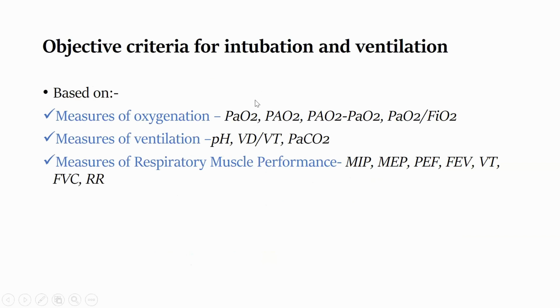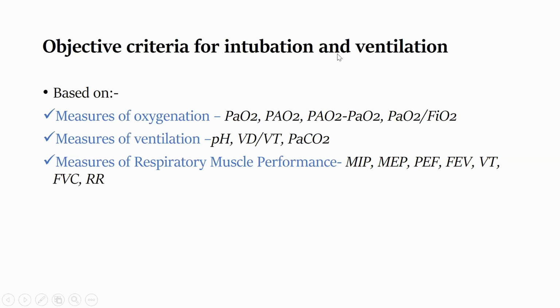So PO2 can be assessed and used as an objective indication for ventilation. The alveolar-arterial gradient is the most commonly used, but we need to have the ABG. Most of these oxygenation parameters that I have mentioned here are usually for ICU settings with ABG analyzers.